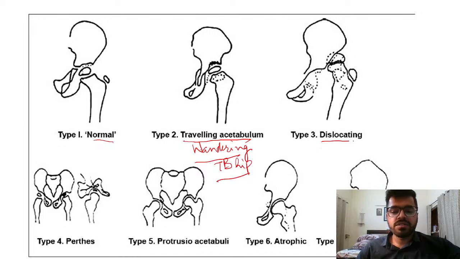Then there can be a dislocating type, a type similar to Perthes, a protrusio acetabuli type, atrophic, and mortar and pestle type. All these types can be seen in TB hip depending on the patient presentation.